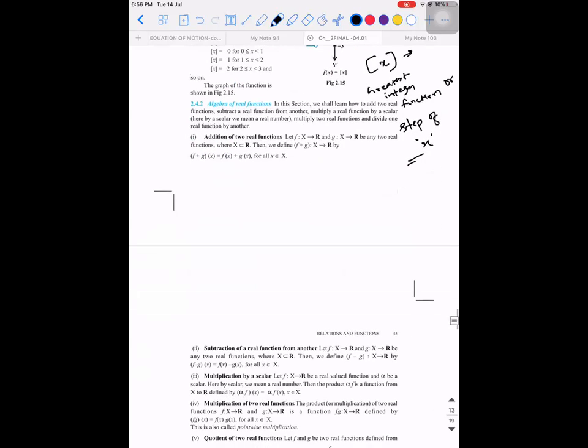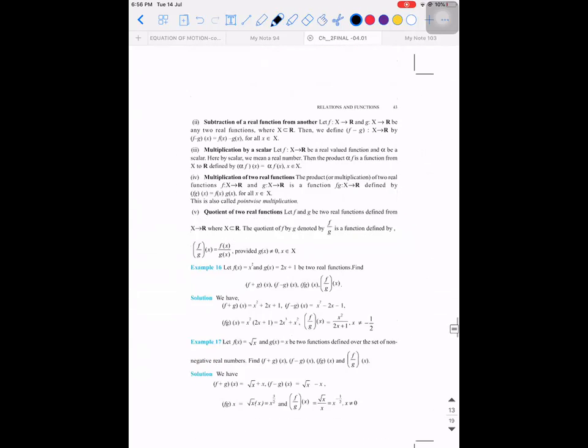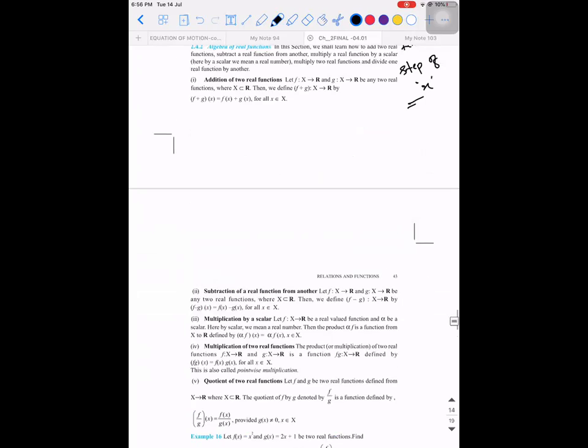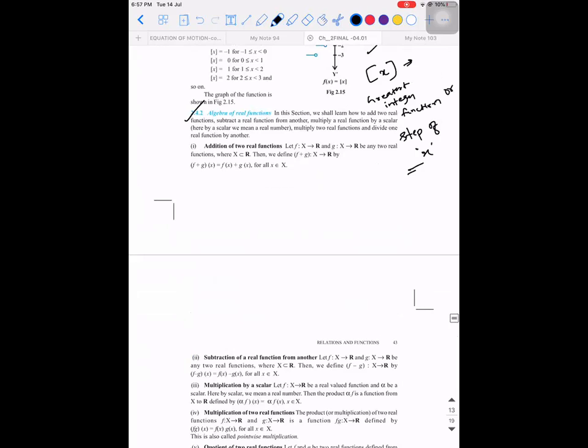So this is all about the different types of functions. The next is a very simple concept, that is the algebra of real valued functions. When you have two real valued functions, let's say f and g, you can perform 4 operations between them: addition, subtraction, multiplication, and division.